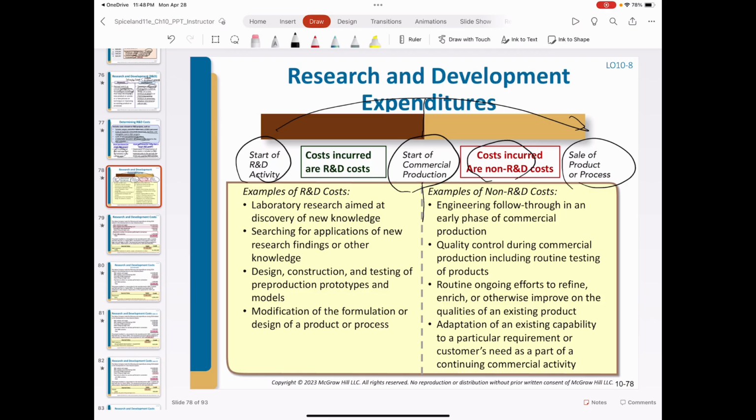So here we are provided a list of costs incurred after the start of R&D activity and before the start of commercial production. Basically, after commercial production, this is the commercialization of the R&D achievements. So here is a list of costs which differ from the R&D activities.